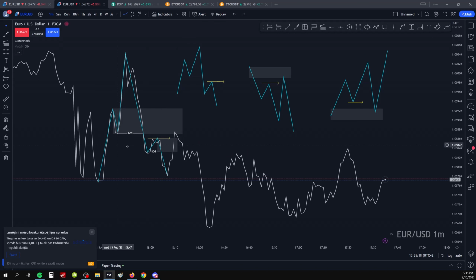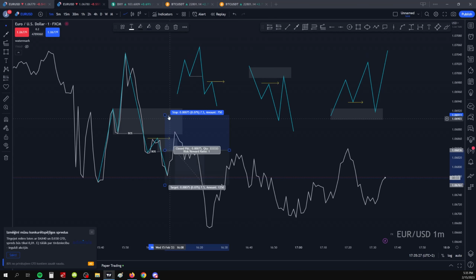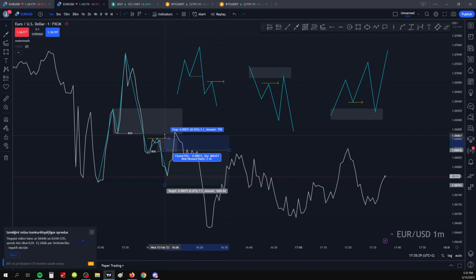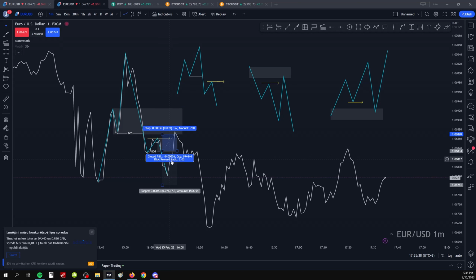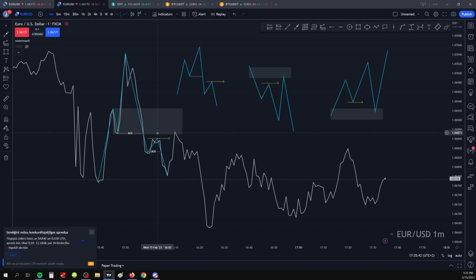Do you see why this is the inducement, and why do banks need the inducement? Because they want to trap people that put their stop loss here. They do two things with this. They take your money or someone else's money that put their stop here, and they mitigate out of this breaker, out of these positions.